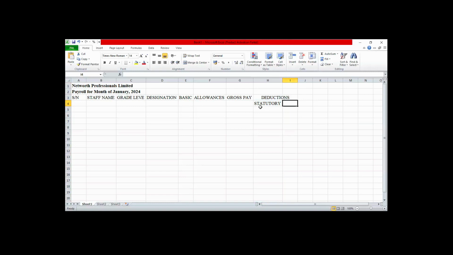Your statutory deduction also has 2 columns. That one alone has 2 columns. We have what we call PAYE. We have what we call pension.